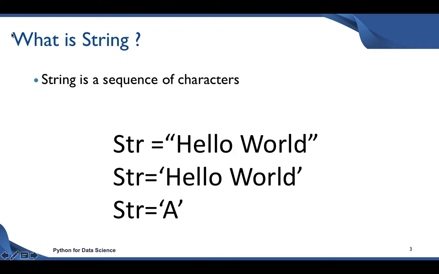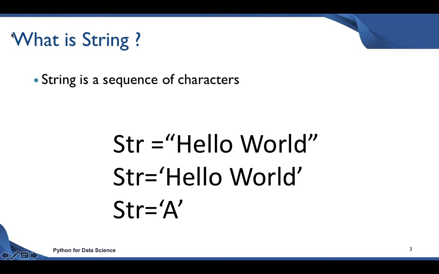A string is basically a sequence of characters. Whether you write hello world inside double quotes, or hello world inside single quotes, anything which is enclosed inside the quotes is known as a string. Or a single character enclosed in double quotes or single quotes is also represented as a string data type in Python.